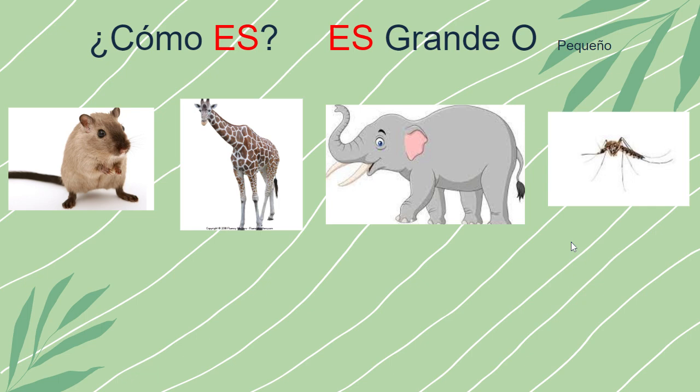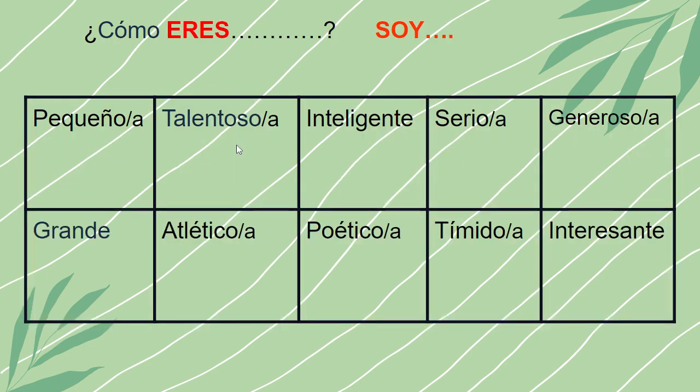Those are some adjectives you could use to describe yourself. And I also wanted to practice a couple more adjectives. So now I'm asking you, ¿cómo eres? What are you like? ¿Cómo eres? And you reply by saying soy. Soy, I am. And then why don't you go ahead and pick maybe 3 adjectives from here that you would be able to use to describe yourself and put them in a sentence.